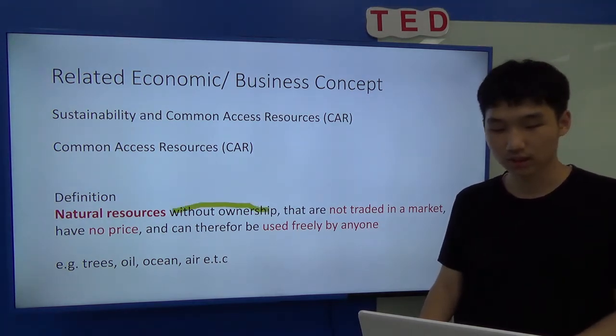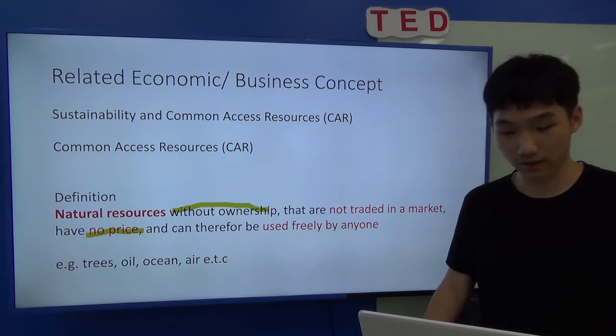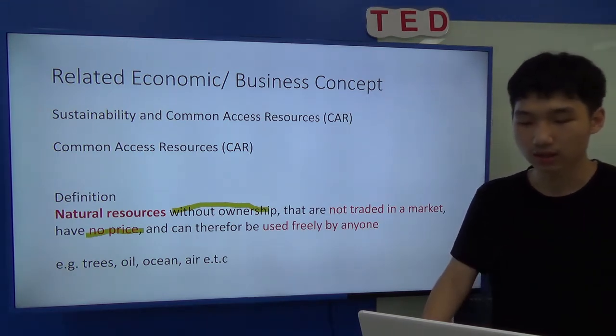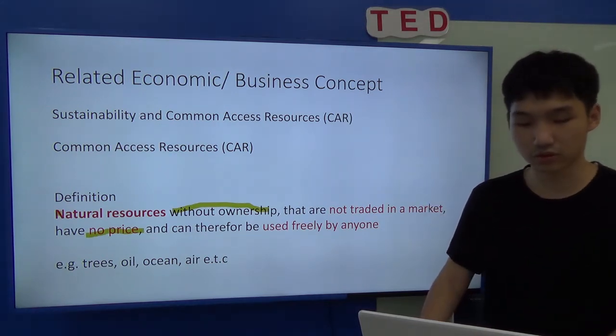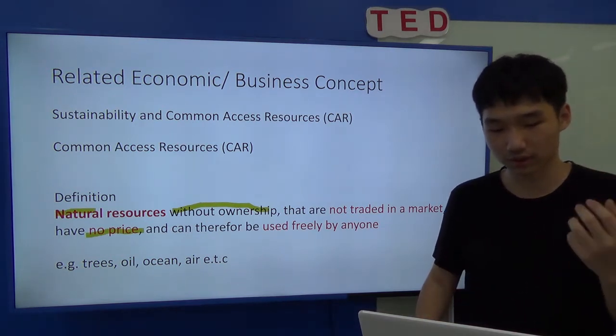That are not traded in the market, have no price, important, no price, and can therefore be used freely by anyone. So the important thing about CAR is, first, natural resources, which means resources that are extracted from nature.